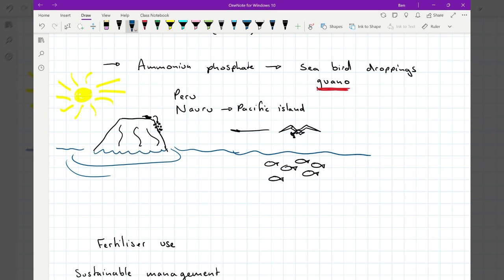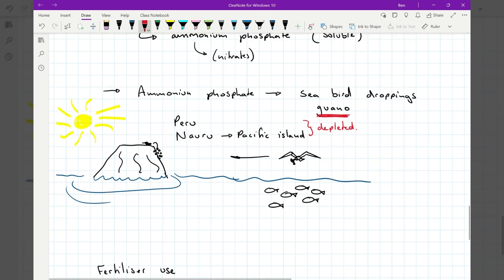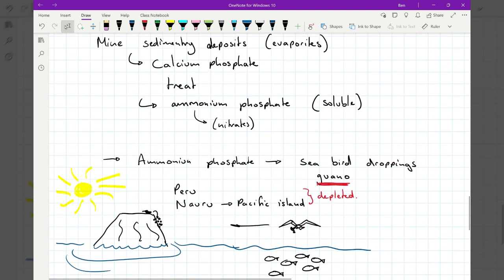And this means that it built up over thousands of years, and humans came along and extracted all. These have all now been depleted, however. And this is what we face as a risk with our sedimentary deposits, because they are going to be finite reserves as well.